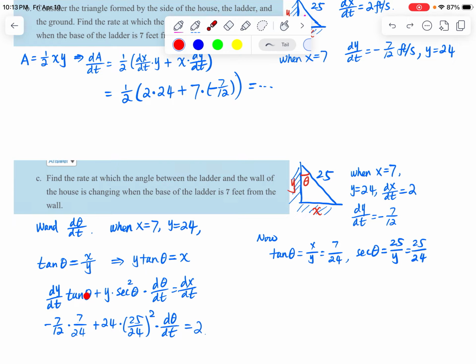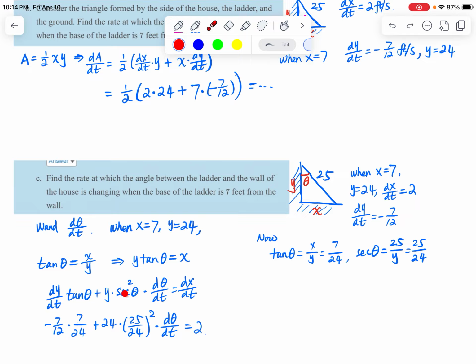Now secant θ is the reciprocal of cosine θ, and cosine is adjacent over hypotenuse, so secant is hypotenuse over adjacent, which is 25 over y, or 25 over 24 because y is 24.